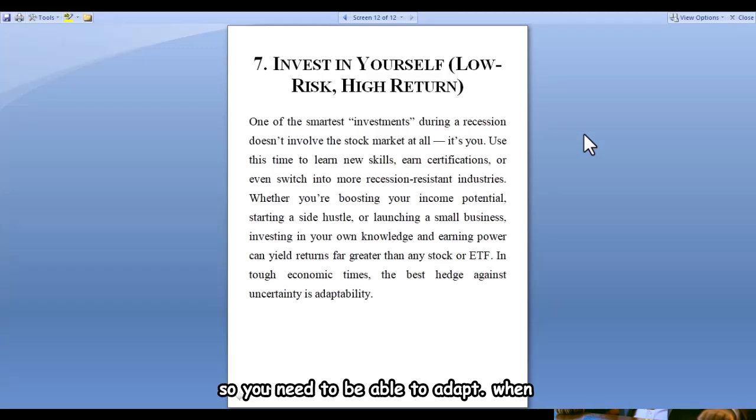So you need to be able to adapt. When you learn more, then you have vast knowledge about a lot of stuff. So now you know how to position yourself during a recession.